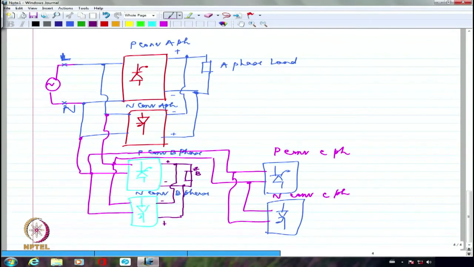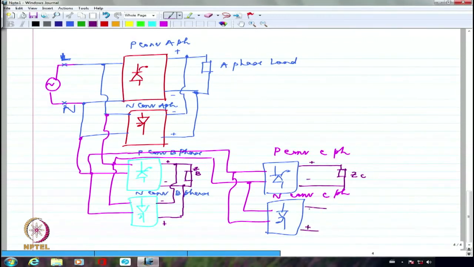Same thing is true for this particular case. Again, I am going to have here this as ZC. Right? So I will have this as positive and this as negative. Here I am going to have this as positive and this as negative.